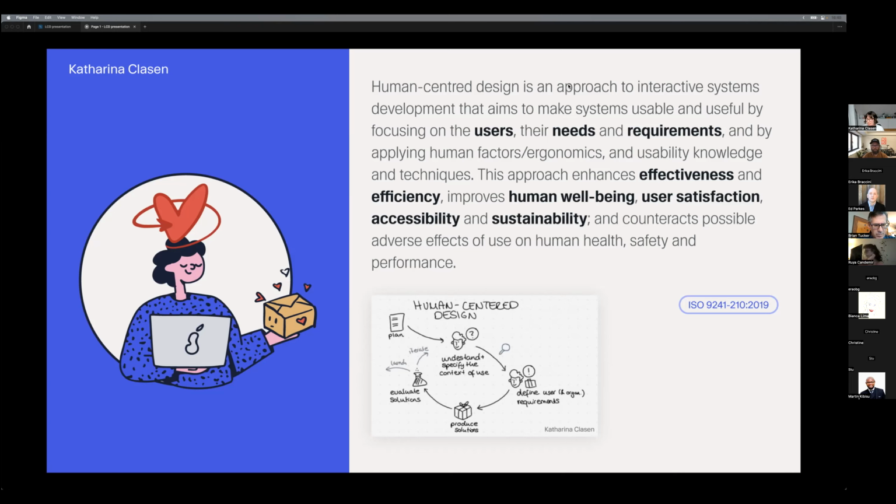And I think that already shows that there is a good development happening, and it already shows that human-centered design is not completely short-minded or narrow-minded.